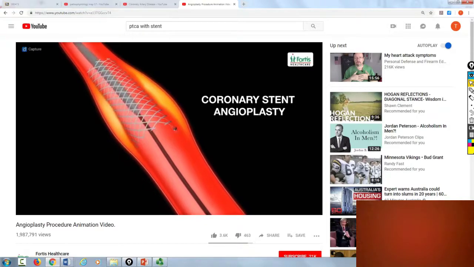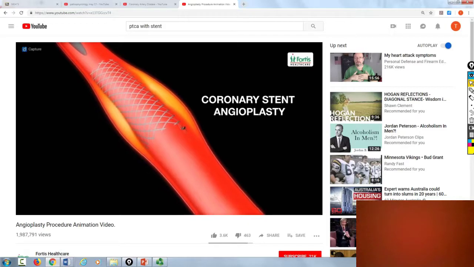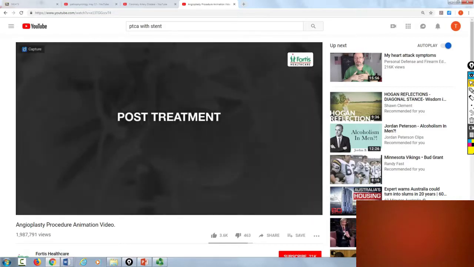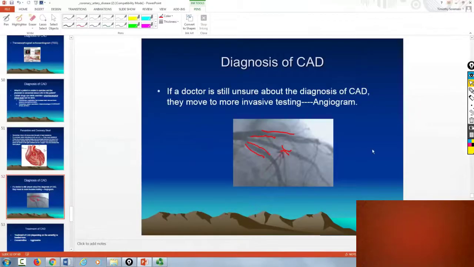Basically what it does is it prevents the coronary artery from spasming and blocking off again. Now it can, obviously, but what they do is they also coat that stent with an anticoagulant to make sure that blood clots don't form.